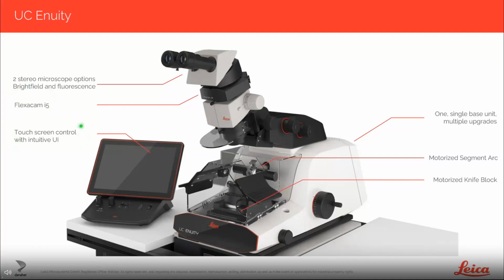A touchscreen control here with intuitive user interface. One single base unit, which can be upgraded in multiple ways. And most importantly, we can provide to you a motorized segment arc and a motorized knife block, which provides to you automatic functions, helping inexperienced users to be more effective and working more reliably on the machine.